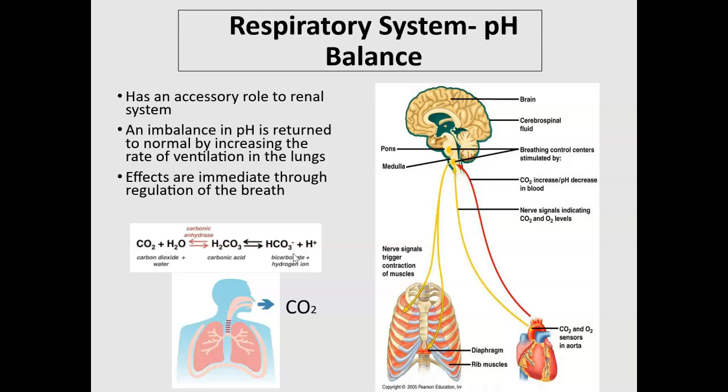The body senses this change through the chemoreceptors, which are primarily located in the brain and arteries, and they then signal the respiratory system to increase the rate and depth of breathing. By exhaling more CO2, the body reduces the concentration of carbonic acid and consequently the levels of hydrogen ions, and that helps to restore pH balance.